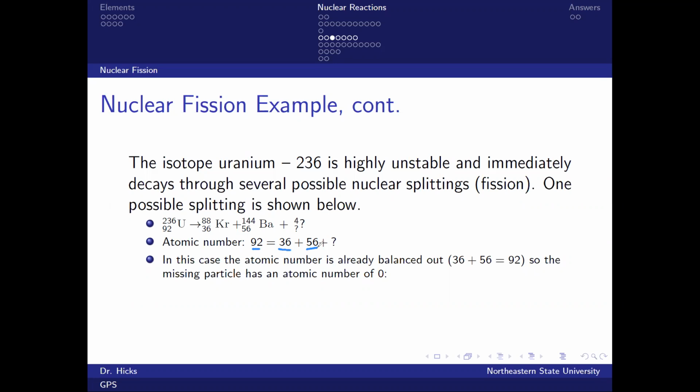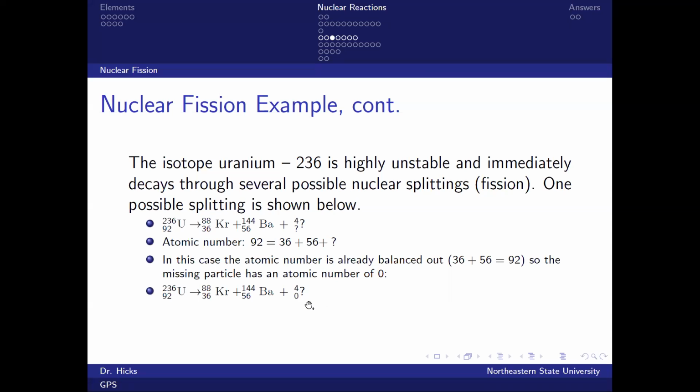So I'm not missing any protons. So the missing particle has to have an atomic number of 0. That sounds kind of weird. What is a particle with an atomic number of 0, but an atomic mass of 4?